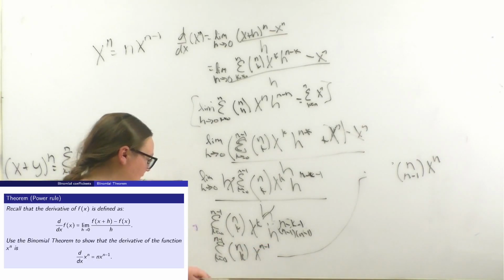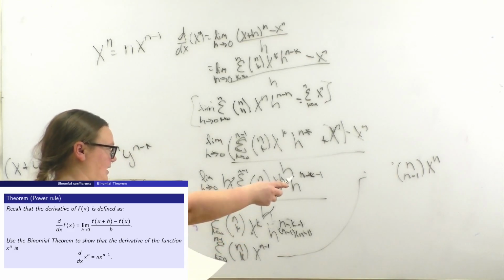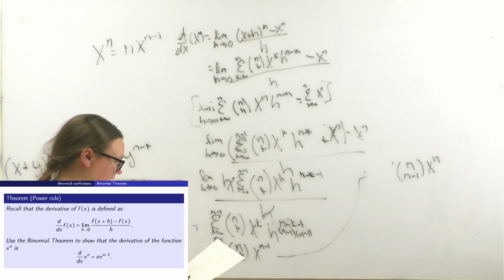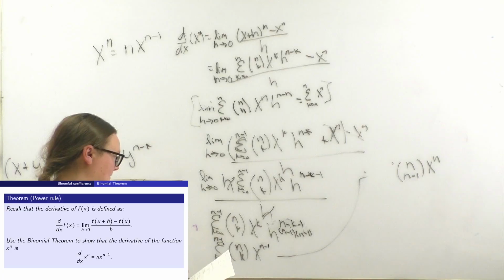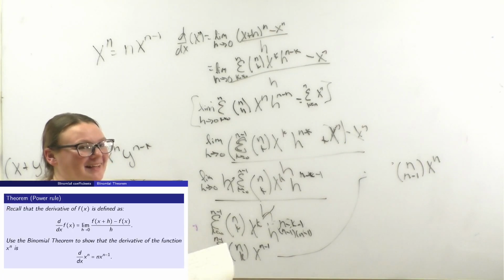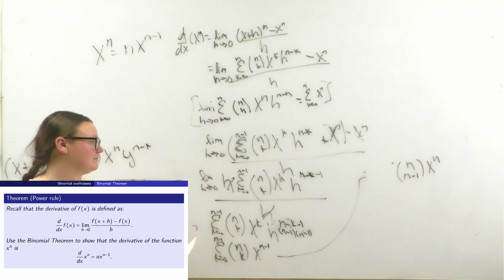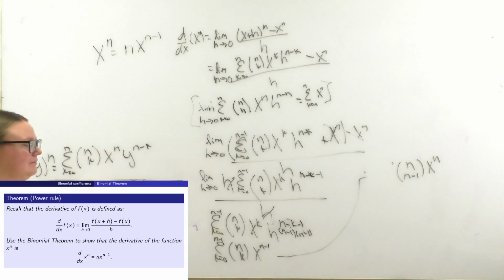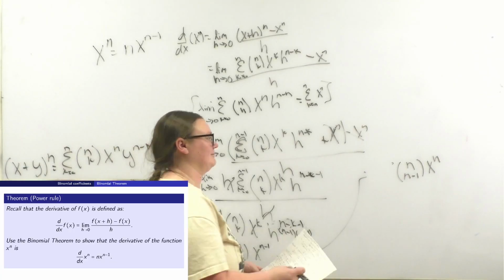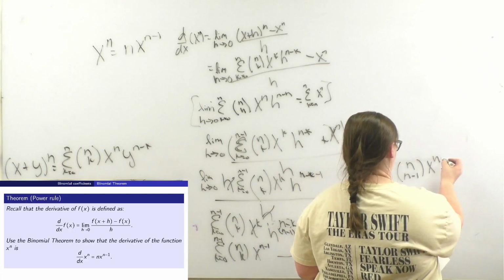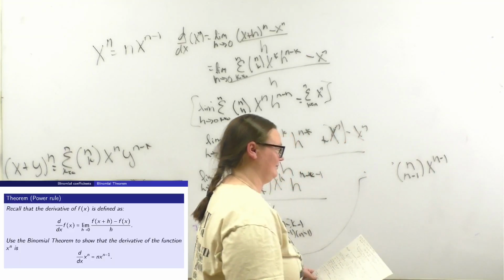Well, I feel like it should be k, and then it becomes n minus 1, but that doesn't seem right either. Yeah, but it should be an x to the n minus 1. But that's just the typo, right? That's all over there. That's minus 1. Yeah, there you go.